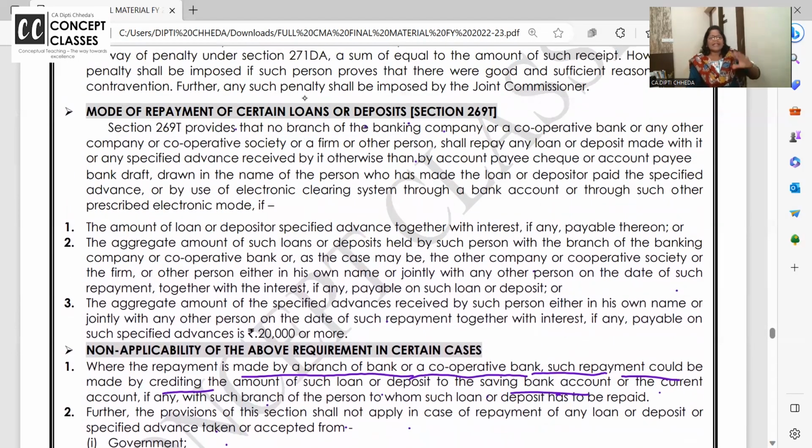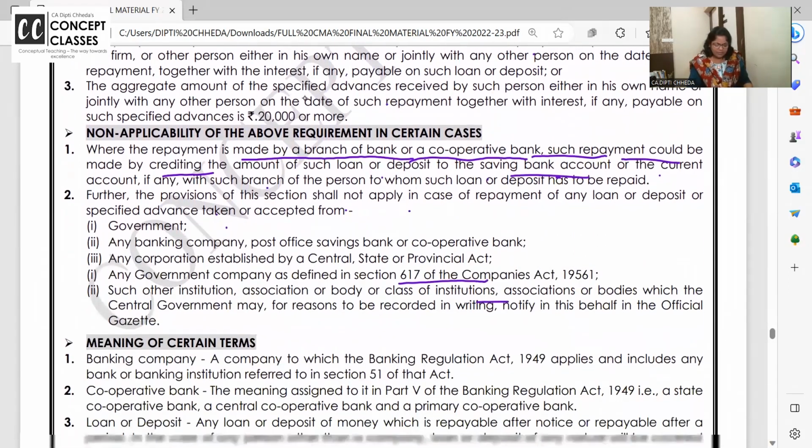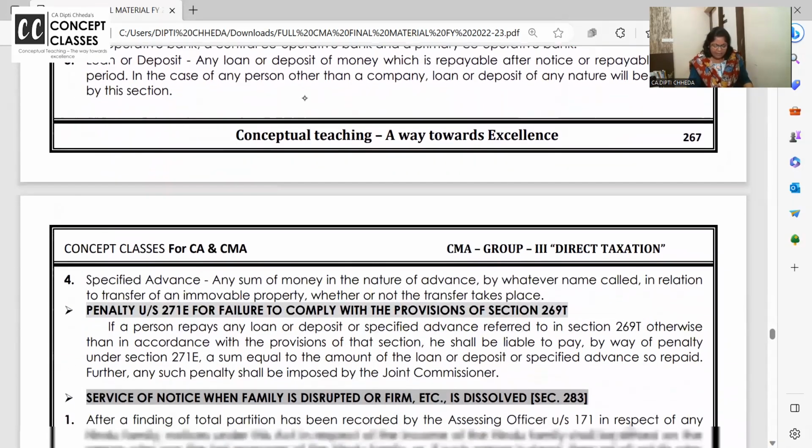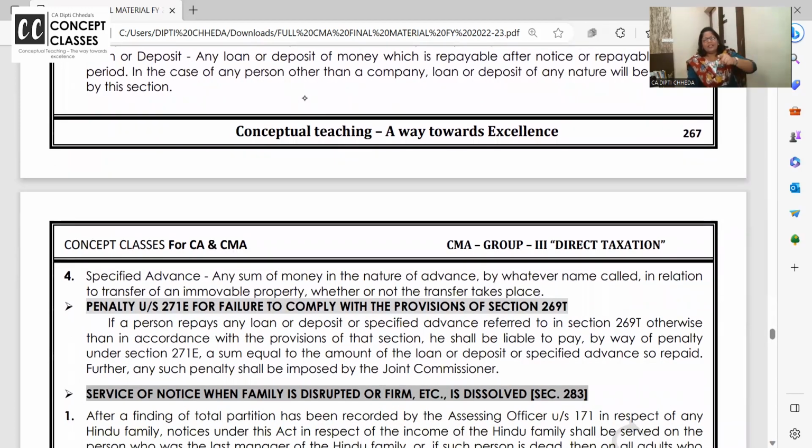In short, exactly like 269 SS, do not take a loan above 20,000 in cash, and 269 T, do not give a loan in cash, along with interest. If you do that, ma'am, what is the penalty? 271 T, here 271 T. 269 SS, 269 T. If a person repays a loan or deposit or specified advance otherwise than in accordance with the provisions of this section, he will be liable to pay by way of penalty a sum equal to the amount of loan or deposit advanced or repaid.